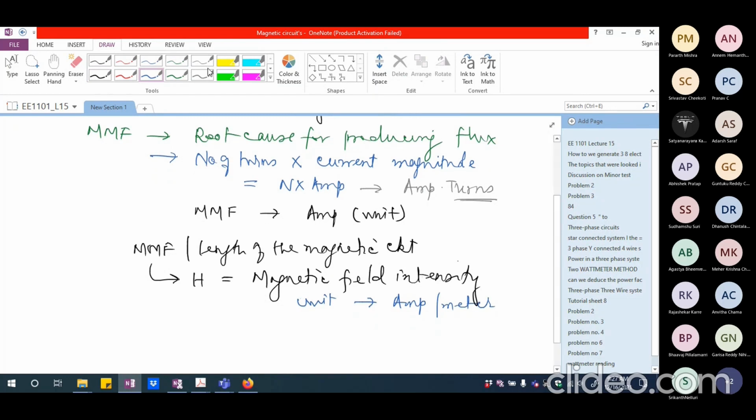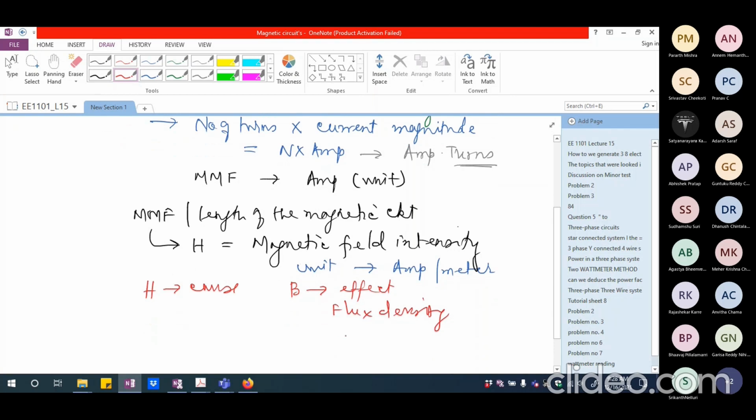Then we said that if H is the cause, then B, or the flux density, is going to be the effect. The flux density is generally specified by the flux per unit area.